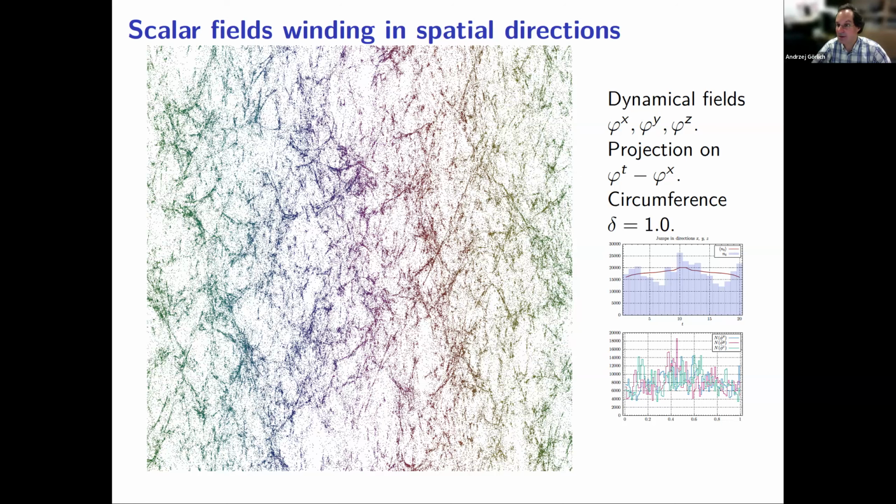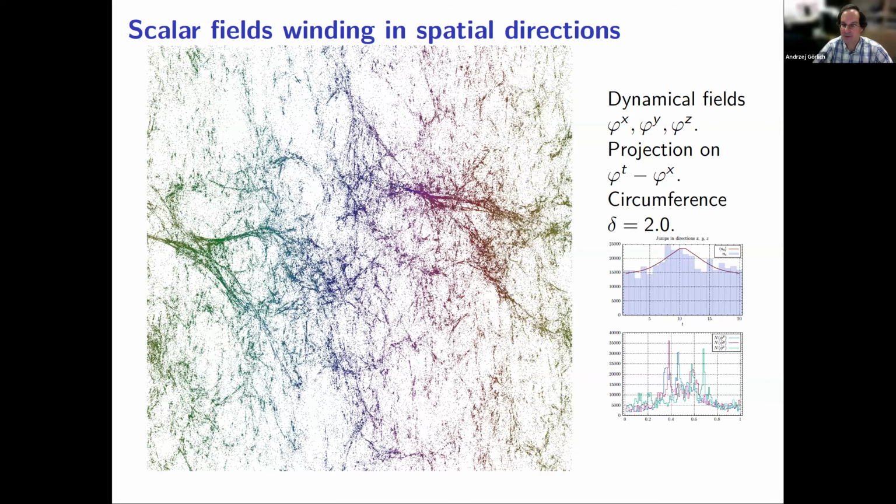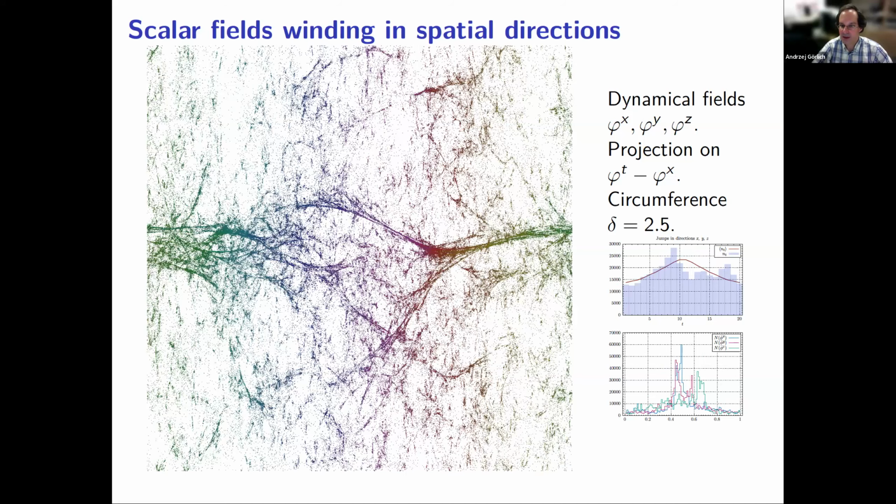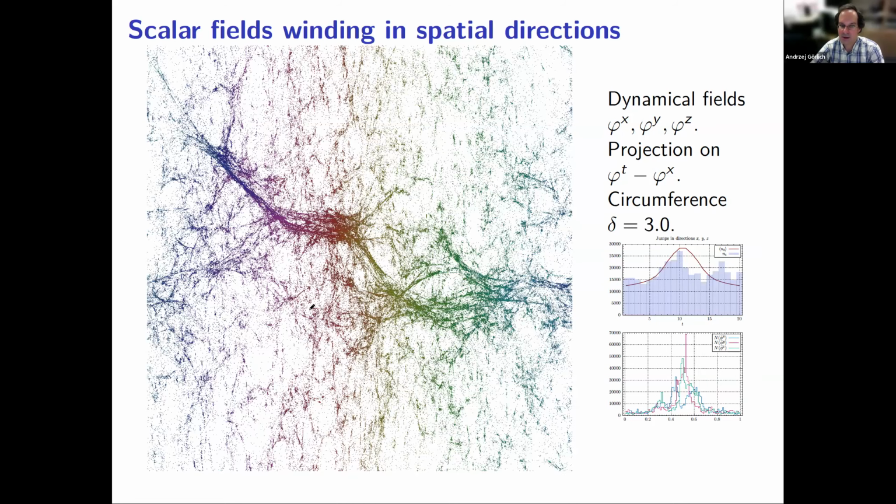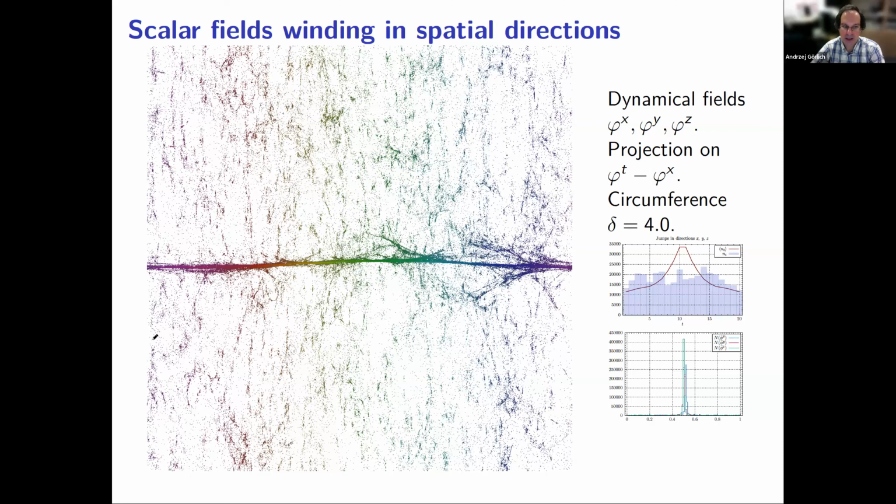And let's see what happens when we increase the circumference of the target space. We see a formation of some fibers. So the field value is localized. So this is phi t on this axis. And this is phi x.